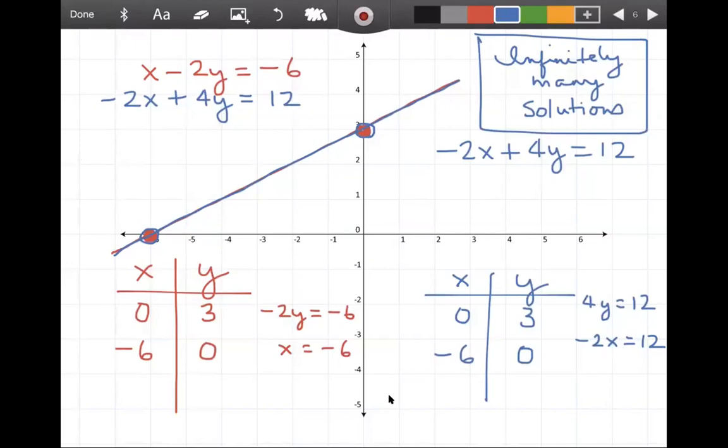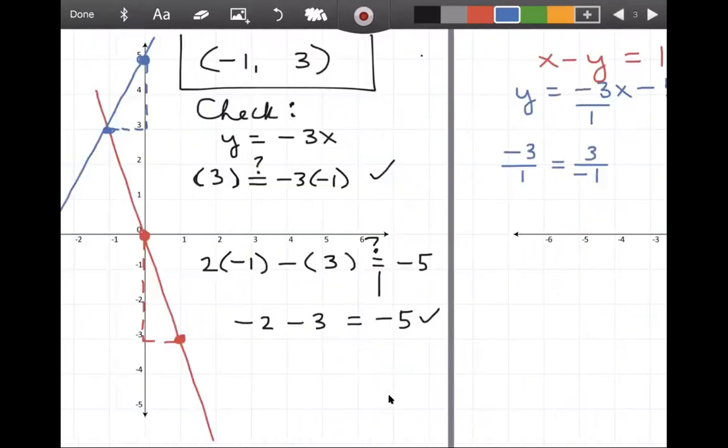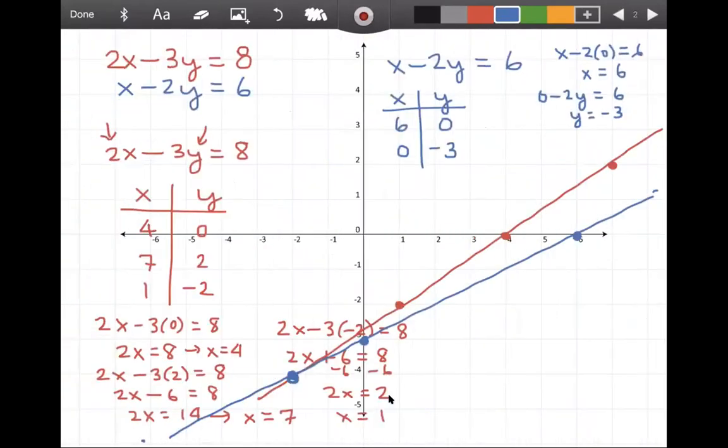So we've seen a few different situations here. In the first several examples, the lines intersected in one point. Think about the slopes of these lines, all right? So these two lines have different slopes. They must have different slopes because they're not parallel.